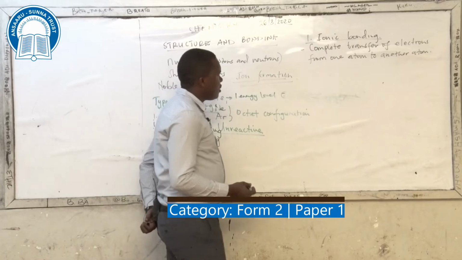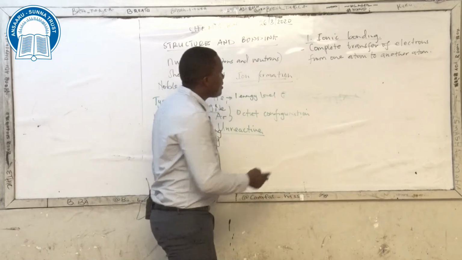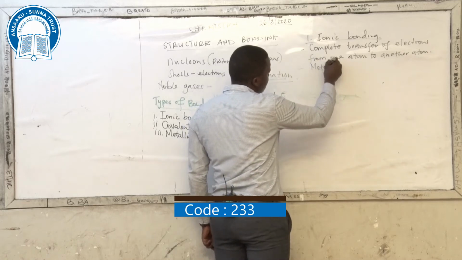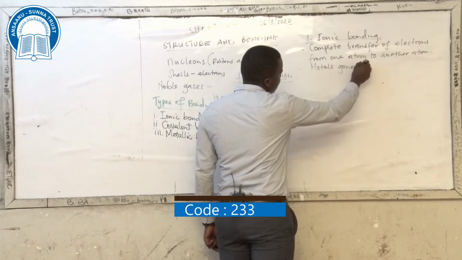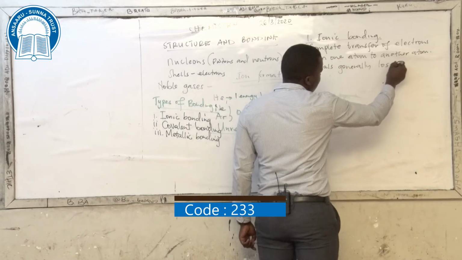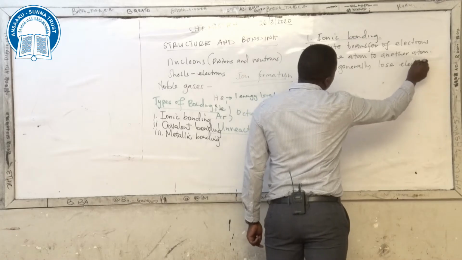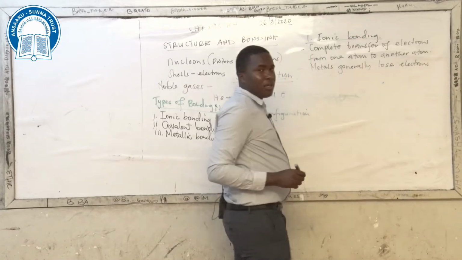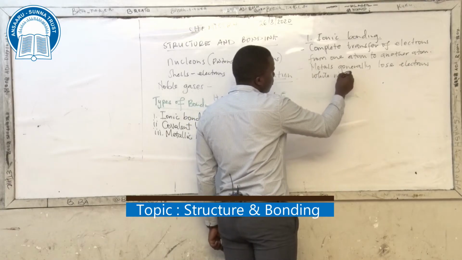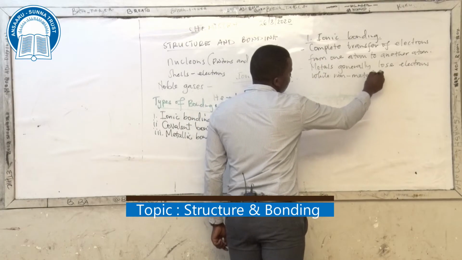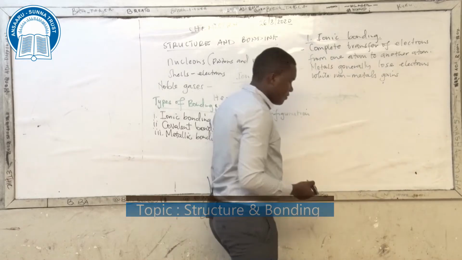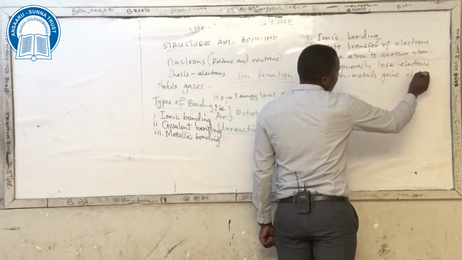And therefore, generally, we say that metals lose electrons, while nonmetals gain or accept electrons.